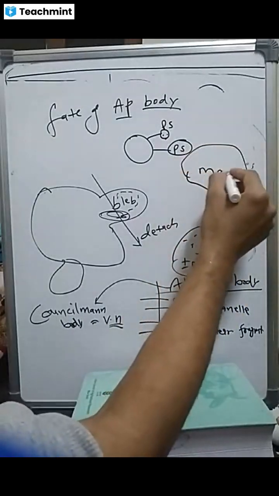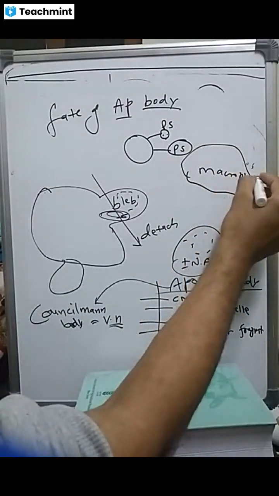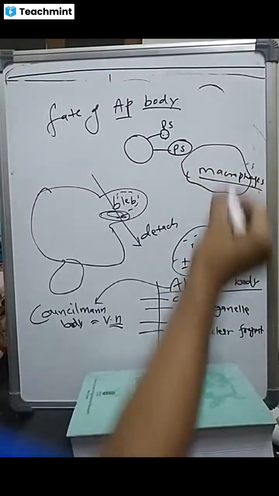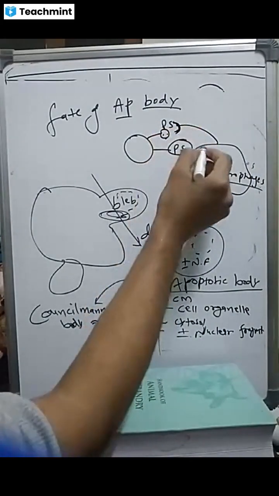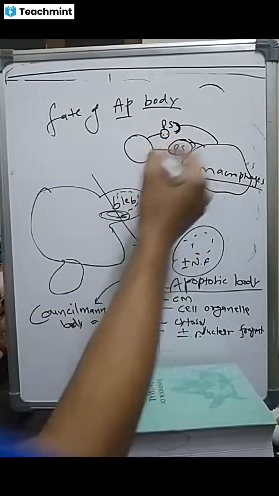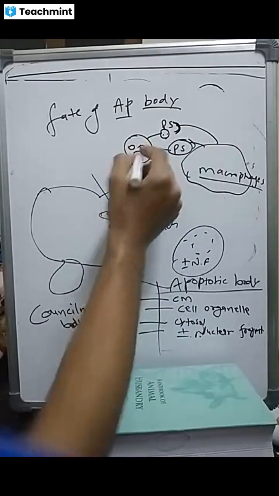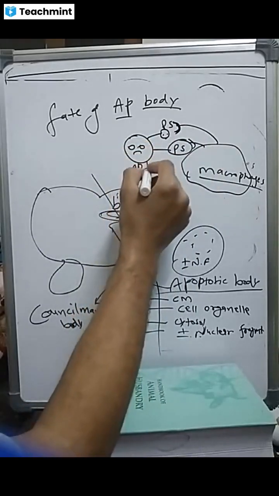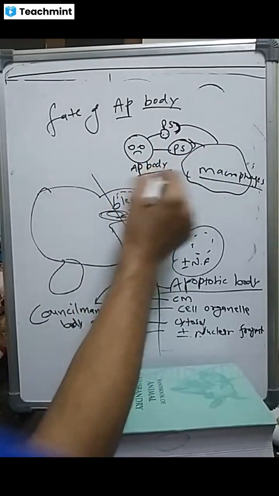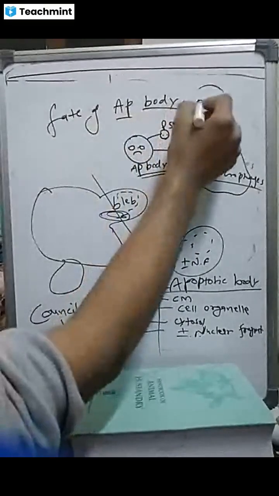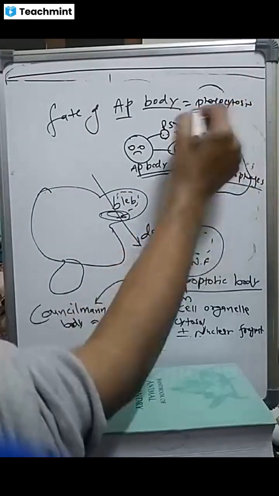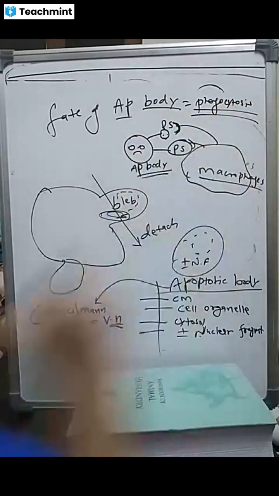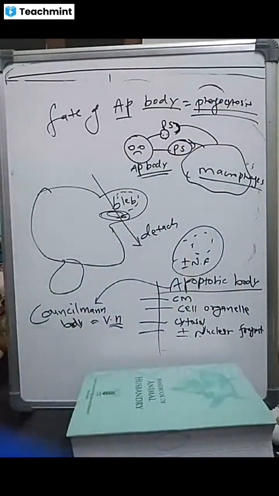These are some macrophages. Macrophages have receptors and they will eat this apoptotic body. So the fate of an apoptotic body is phagocytosis.